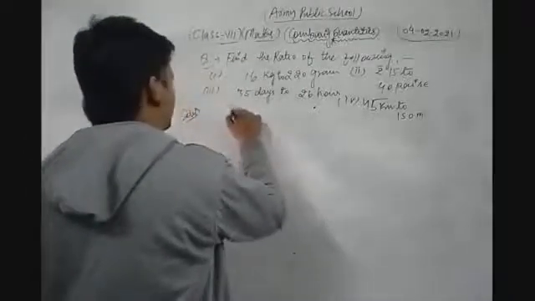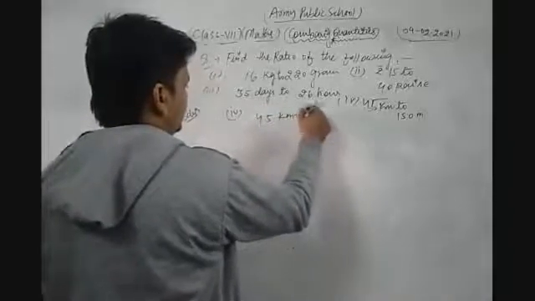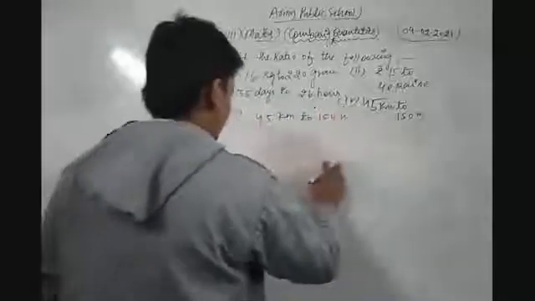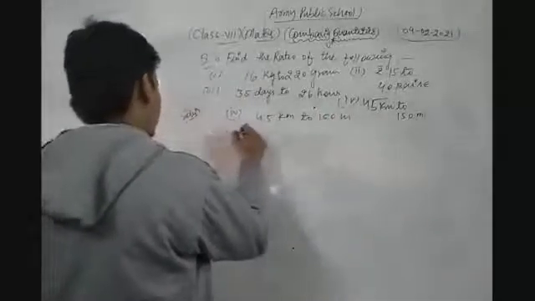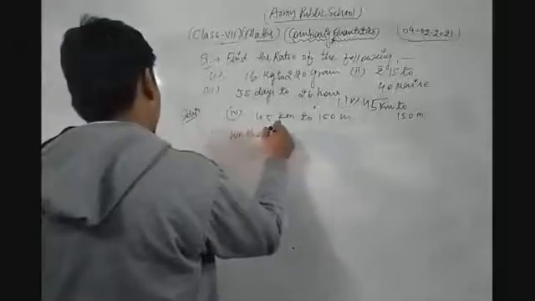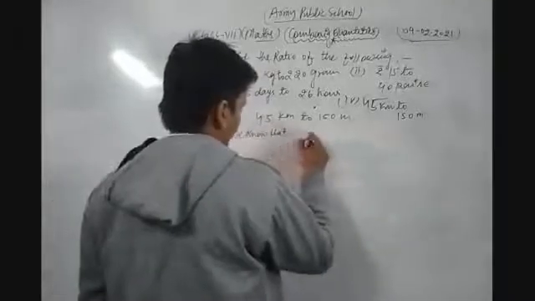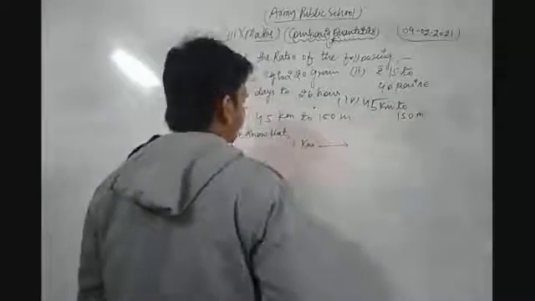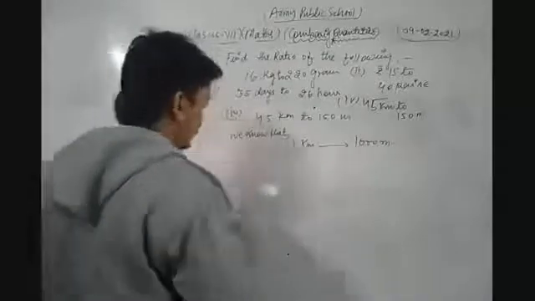The fourth part of this question is to find the ratio of 45 kilometer to 150 meter. So first of all, we know that in 1 kilometer there are 1000 meters.